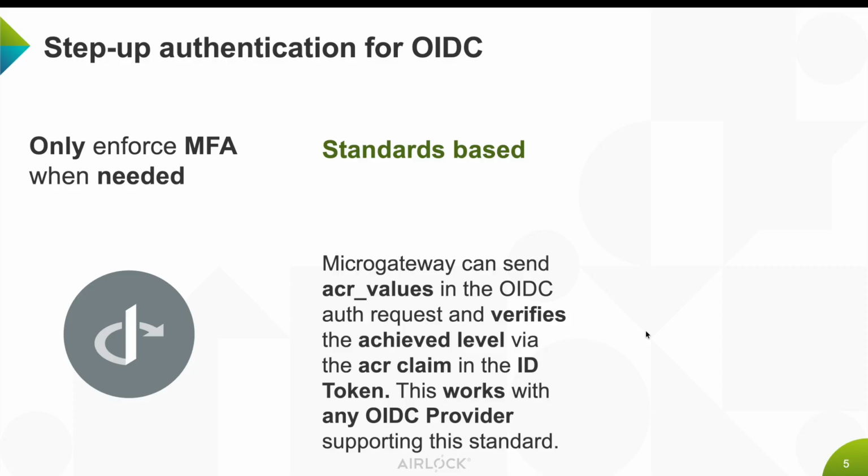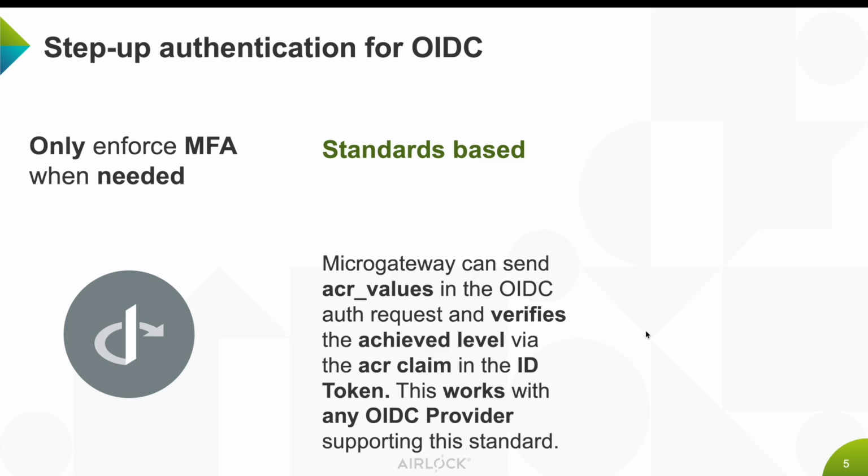Microgateway now supports ACR values in OpenID Connect. Concretely, we can request a specific assurance level using the standard acr_values parameter, and then verify what happened using the ACR claim returned in the ID token.